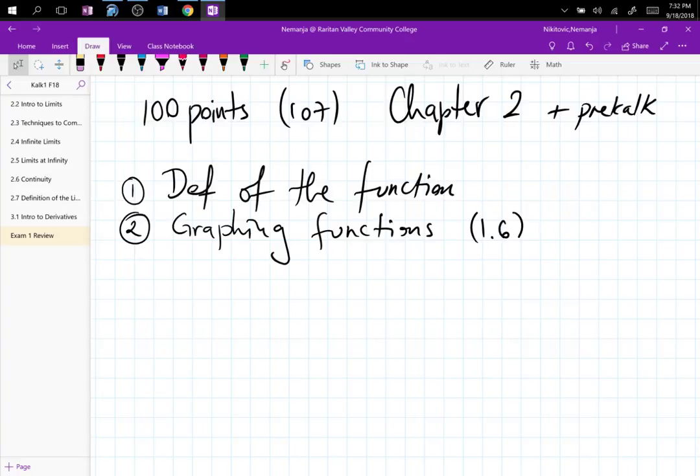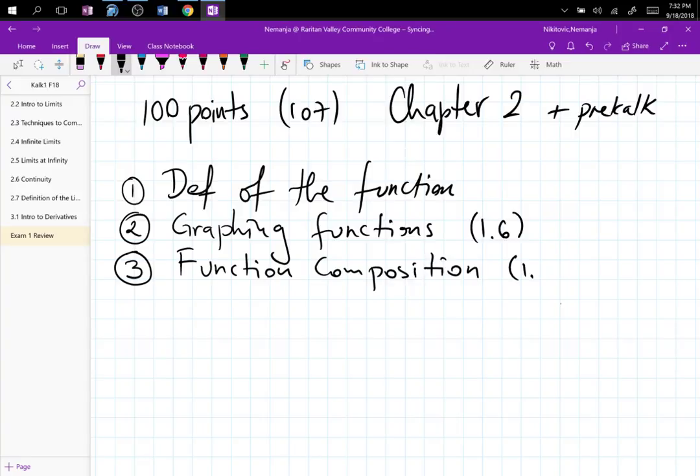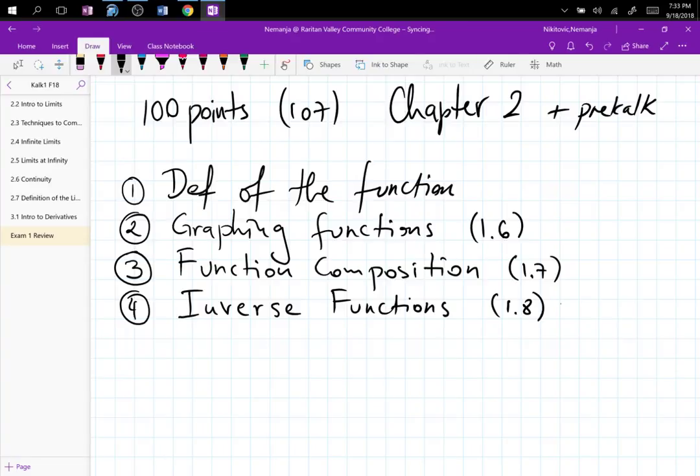This 1.6, okay? 3, function composition. This is 1.7 in the pre-calculus book. And inverse functions. That's 1.8.